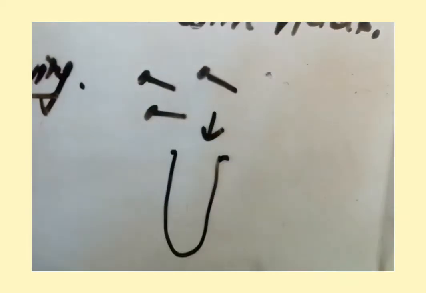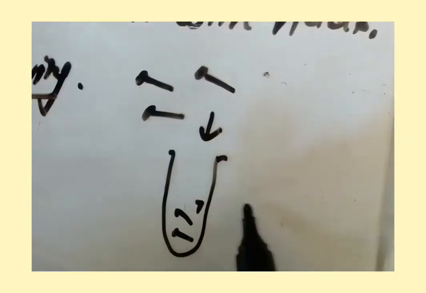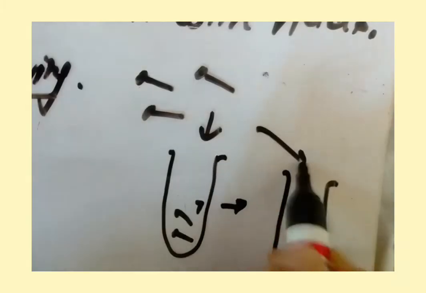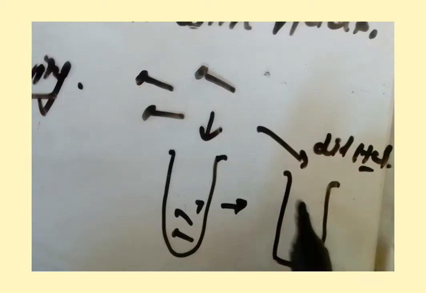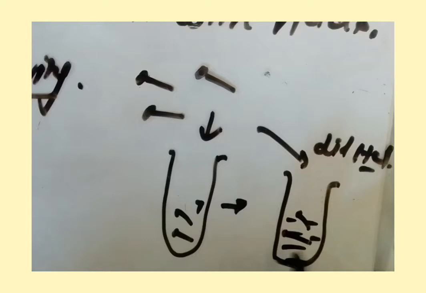Then after this, we will pour dilute hydrochloric acid here. Okay? Earlier iron nails are here.